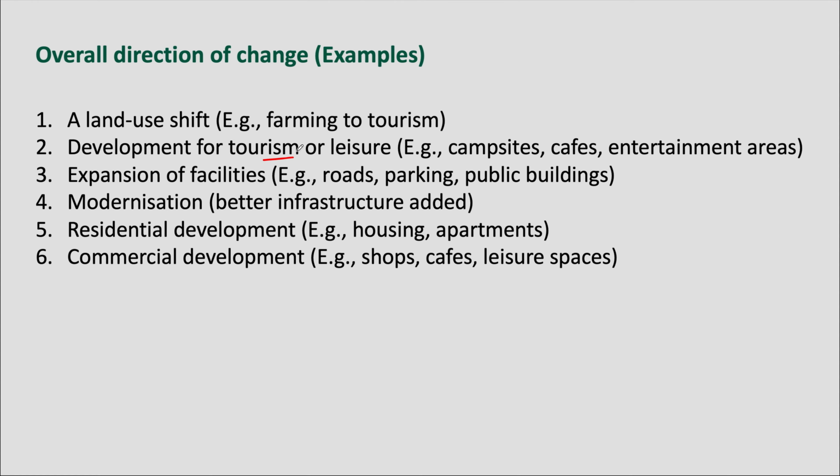In most maps, there is an expansion of facilities or modernization. So we can mention that better infrastructure has been added. There could be residential development or commercial development. This step is optional, but it can help you write a strong and clear overview.